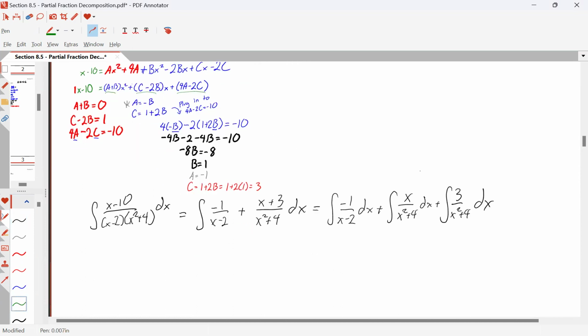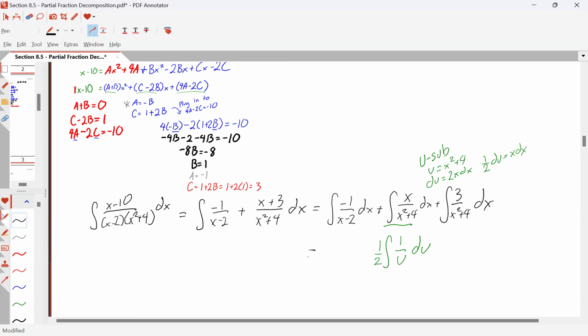This one, so the u sub here, if we make u equal x squared plus 4, du equals 2x dx, or 1/2 du equals x dx. This integral will become 1/2 the integral of 1 over u du.